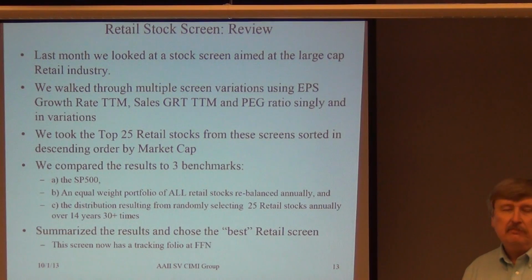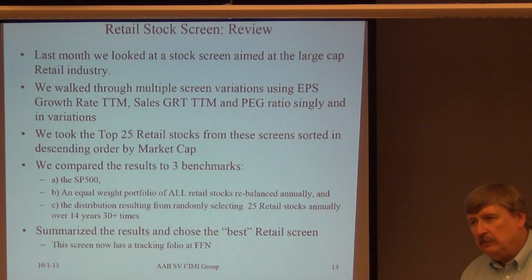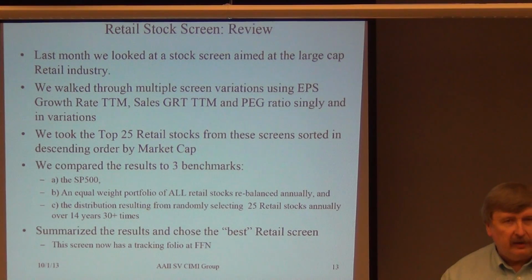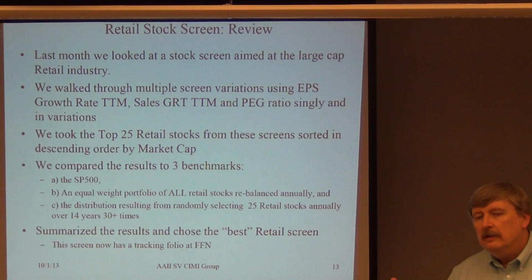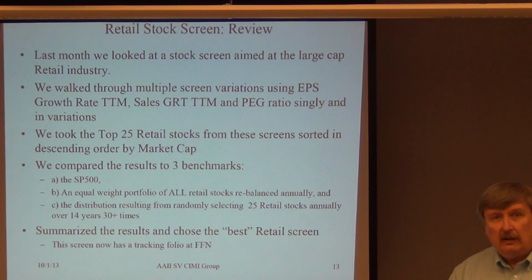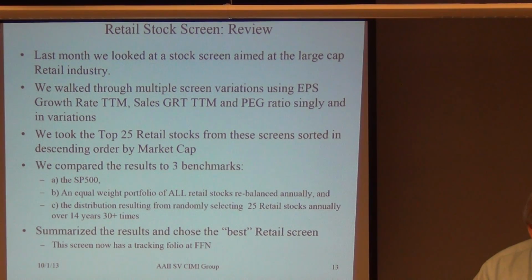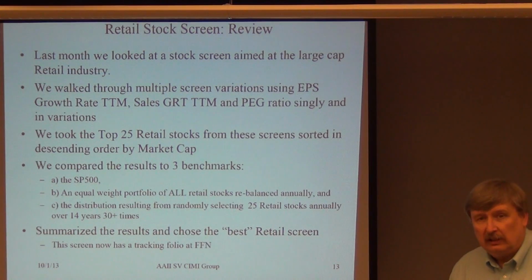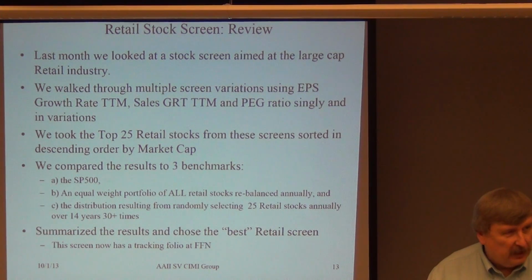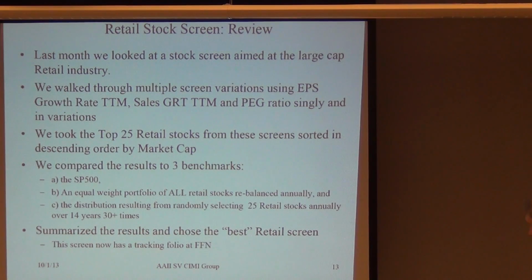The reason that's important is that if you compare it to just the S&P 500, you go, oh boy, this is great. If you compare it to the entire industry, rebalanced, the screen should still do better, obviously, but you'll find that the S&P 500 is an underperformer, because of the rebalancing effect.